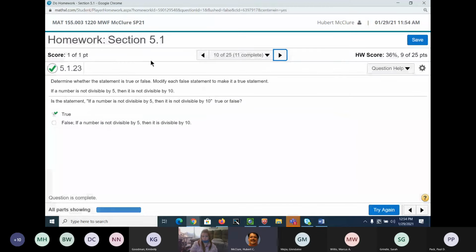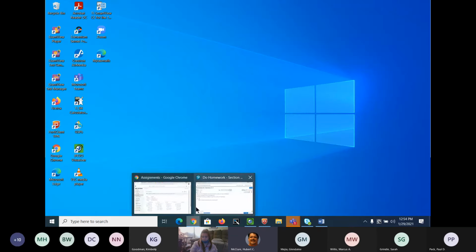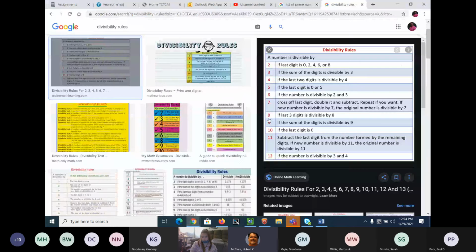If a number is not divisible by 5, then it's not divisible by 10. Now, if you have your divisibility rules and you haven't marked them out yet, there's 5. 5 divides into 0 or 5.